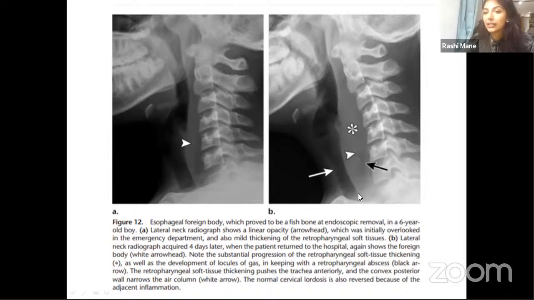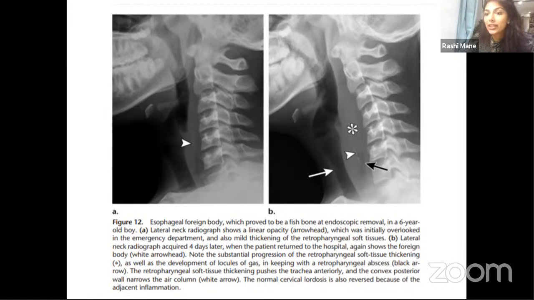This is basically infectious tissue that's accumulated and made a pimple, you could say, inside your esophagus. What this does is push on your airways, causing airway distress. This can be potentially very fatal, very harmful if you don't surgically remove that abscess.